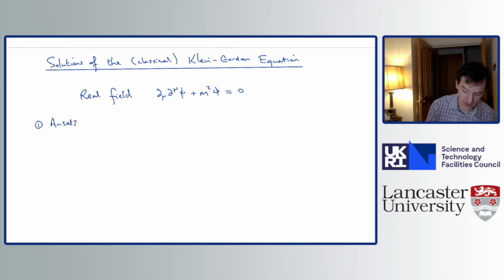The first is to use an ansatz, or a guess. Since this is an equation describing a free real scalar field, you might have some intuition that the solutions for real particles, the particles that aren't in any particular potential, are plane wave solutions. So we're going to guess an initial solution, and we're going to guess that the solution is a plane wave.